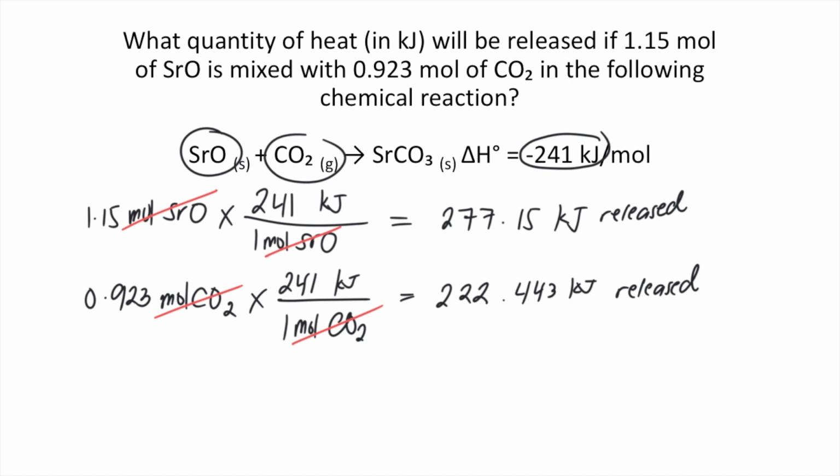So in this case, CO2 produces or releases the smaller amount of heat, which is 222.443 kilojoules. So the theoretical yield, or in this problem, if we relate it to this, the amount of heat released will be the smaller in magnitude.